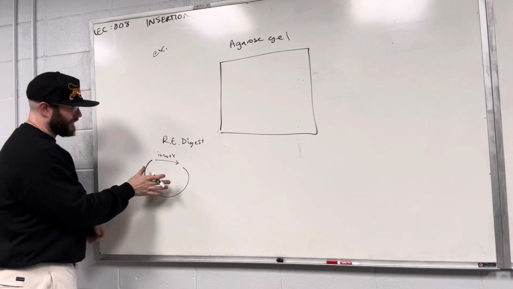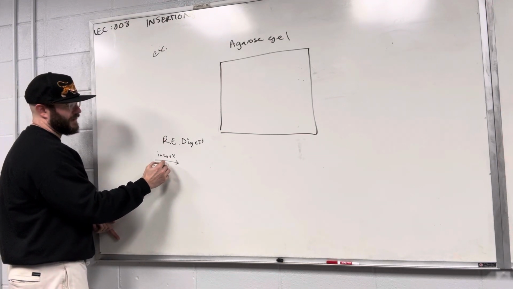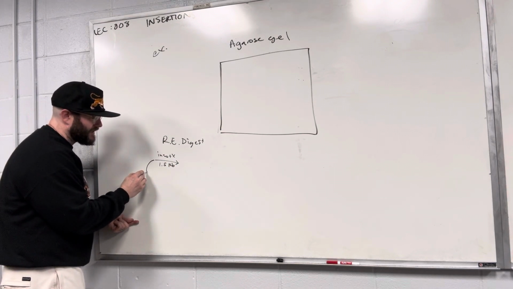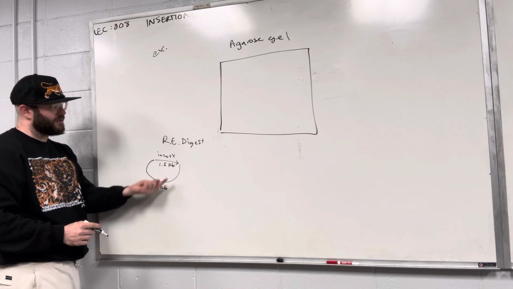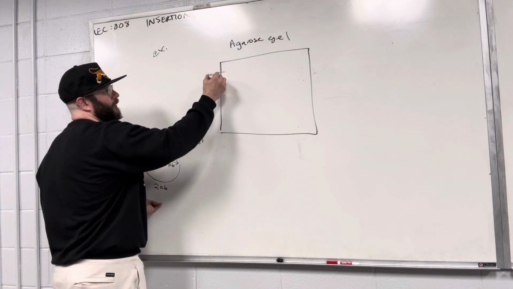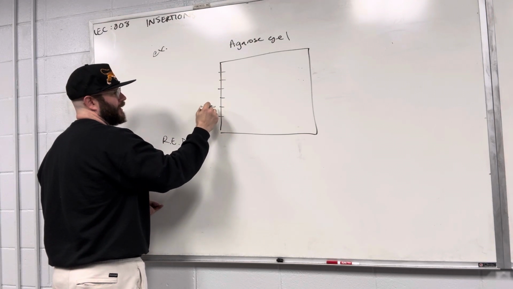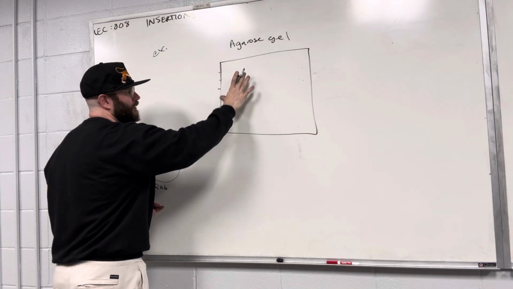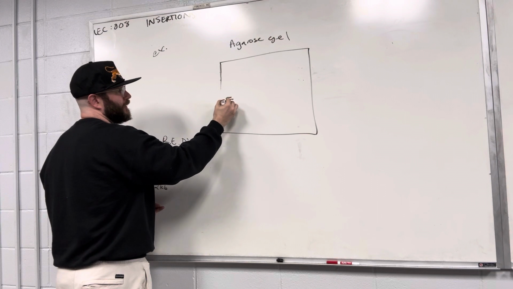Let's say the insert size is 1.5 kb, and the backbone size is 2 kb. Here's your ladder, and let's say your ladder looks like this.